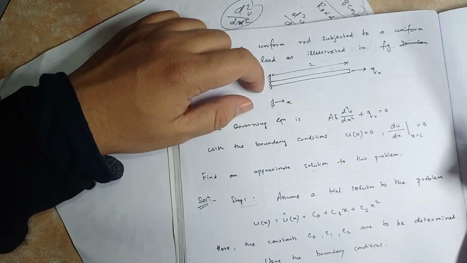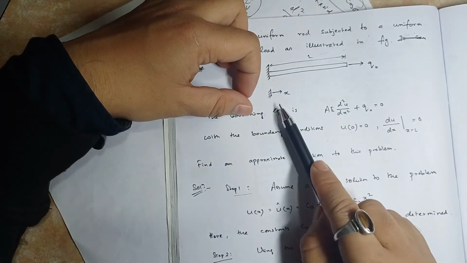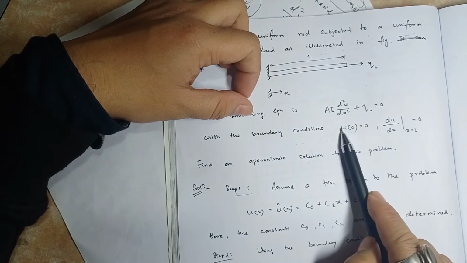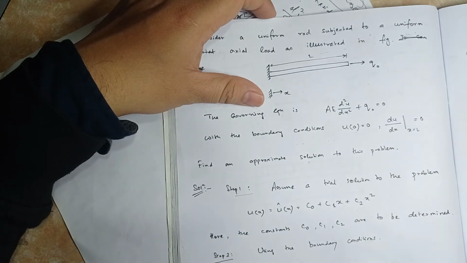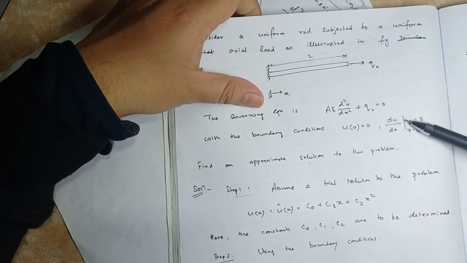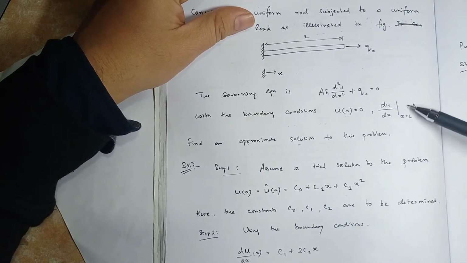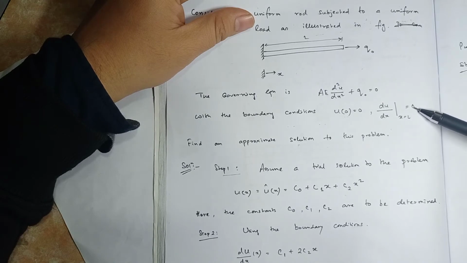So the boundary conditions are: when x is equal to 0, the displacement is 0, so u(0) is equal to 0. This is the first thing. Next, at x equal to L, du by dx is equal to 0.